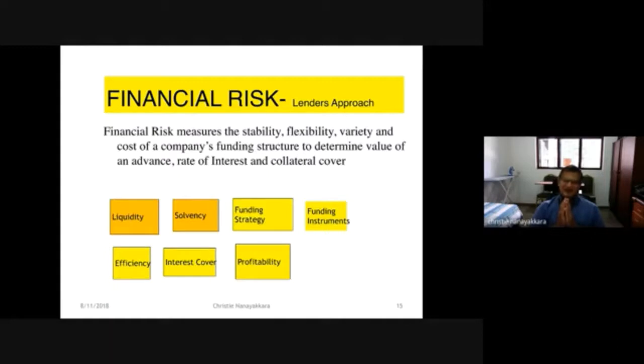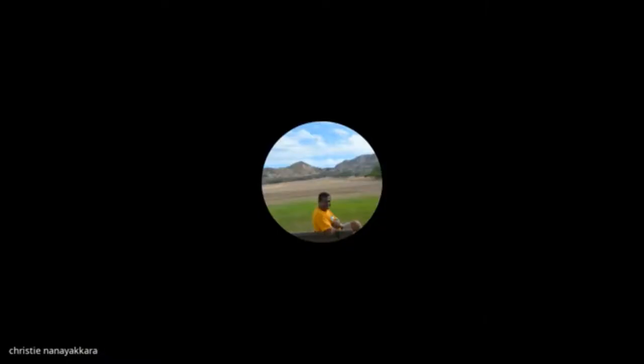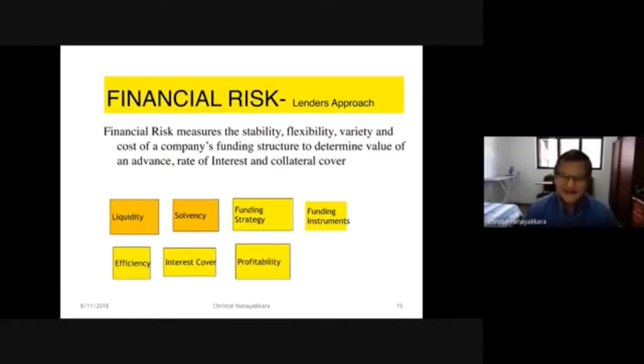Whether he has enough liquidity. Liquid means he has not blocked his money in capital assets which cannot be converted to cash, so that he is unable to pay. So we need his liquidity also. He wants to have his cash flow. We need solvency, meaning he also contributes some money, so that if anything happens, he also will feel the pain to get his business going.